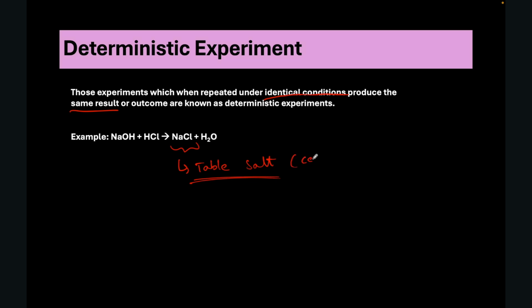Certain means 100%. So the probability of getting NaCl is 1, or you can say 100%. So it's a certain event. You know it's going to happen every single time.